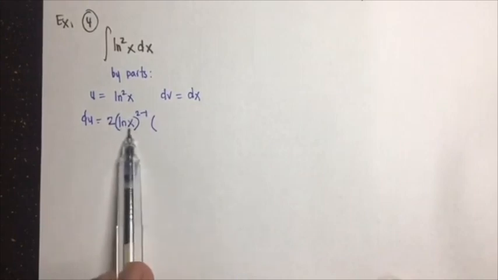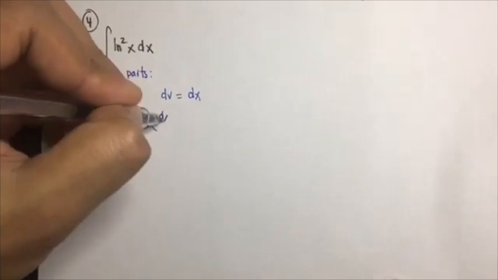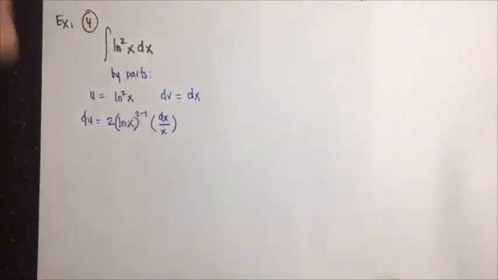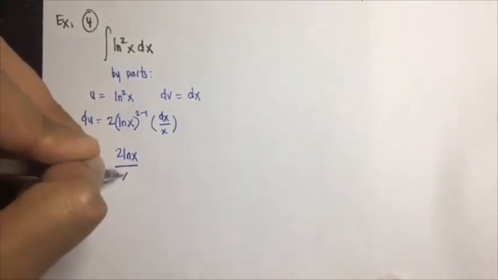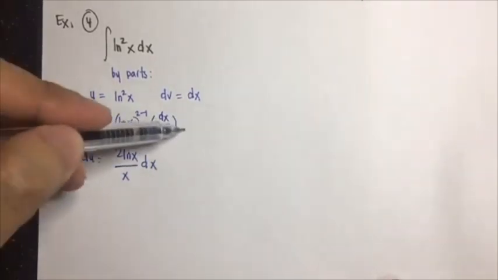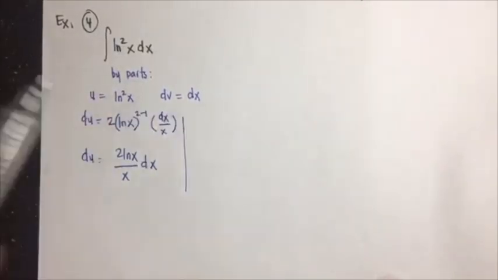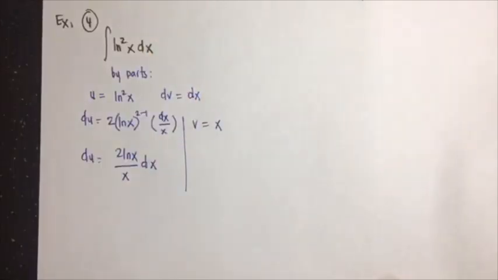Our u here is ln of x, so the differential of ln of x is dx over x. So our du would be 2 ln of x over x dx. And since our dv is dx, our v is equal to x.